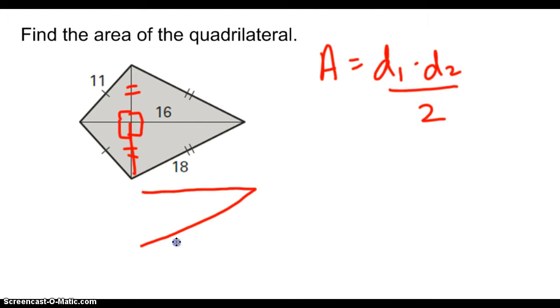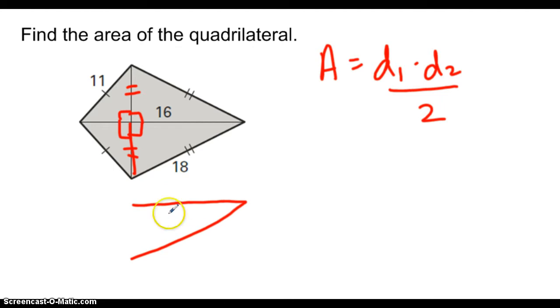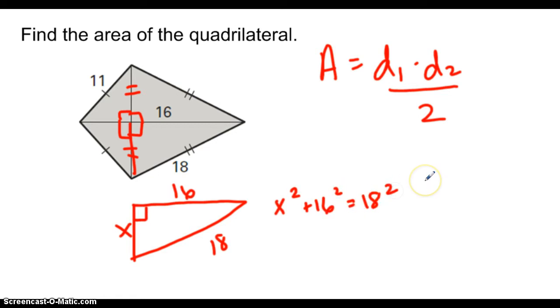So let me draw in that last piece. There's the right triangle, where the leg is 16, the hypotenuse is 18, and we need to find that other leg. We don't know any angle measures, so we just go to our handy-dandy Pythagorean theorem.